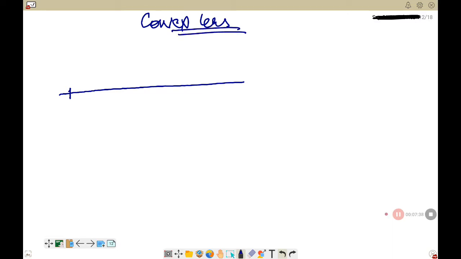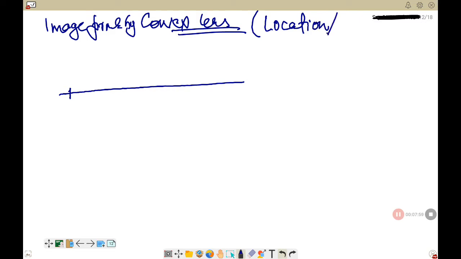So what is it? It is the image formed by convex lens. Here we are trying to locate the formation of the image, so location, and we will write the nature of the image.